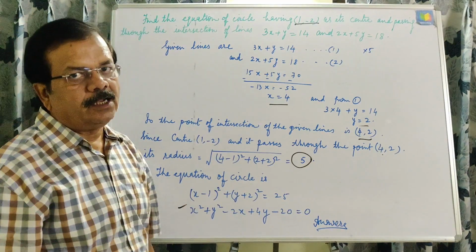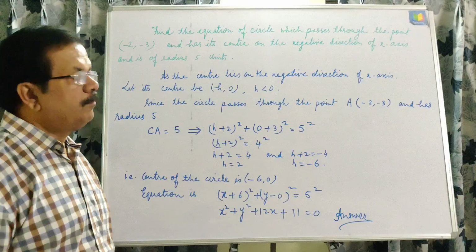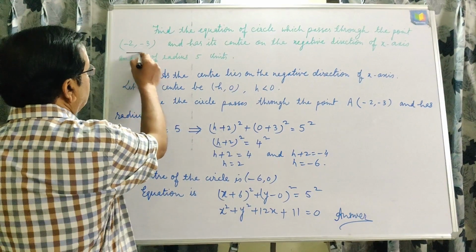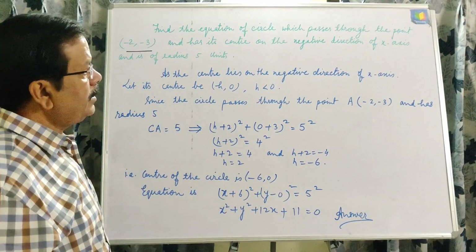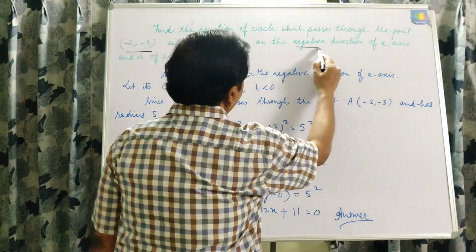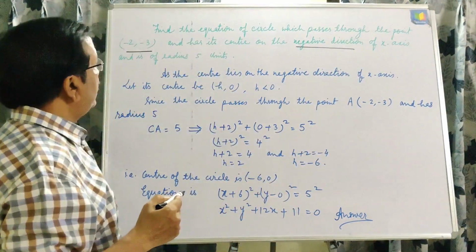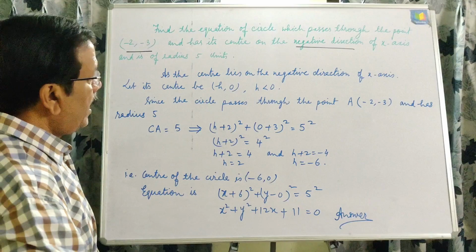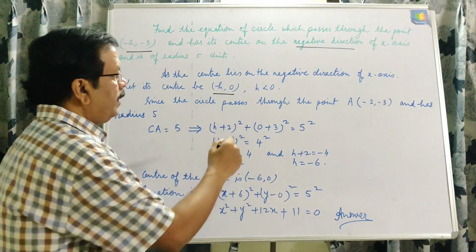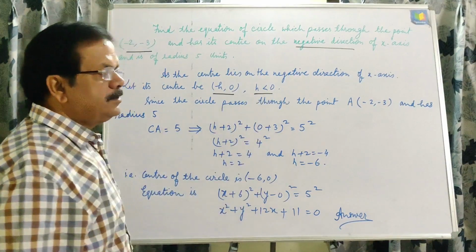And this way we get the equation of circle. Now next question, find the equation of circle which passes through the point (-2, -3) and has its center on the negative direction of the x-axis. The radius is given as 5, and let the center C be (h, 0) where h is less than 0.